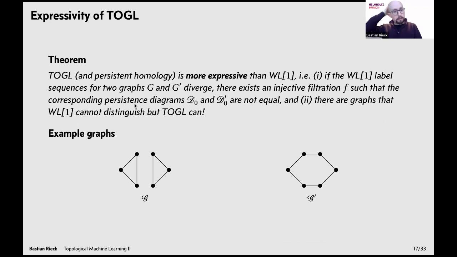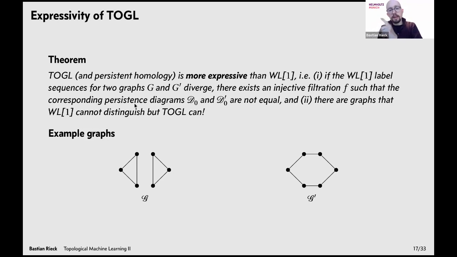And the relevant theoretical insight for us was that this layer, which we call TOGL for topological graph layer, is actually more expressive than the one-dimensional WL test, by which I mean that if the WL1 label sequences for two graphs diverge, there exists an injective filtration function that we can hopefully learn, such that the corresponding persistence diagrams are not equal.